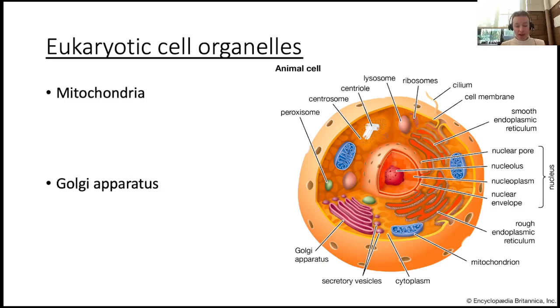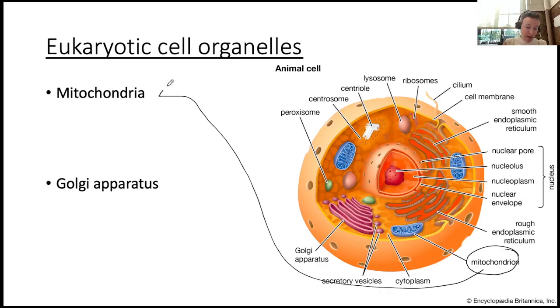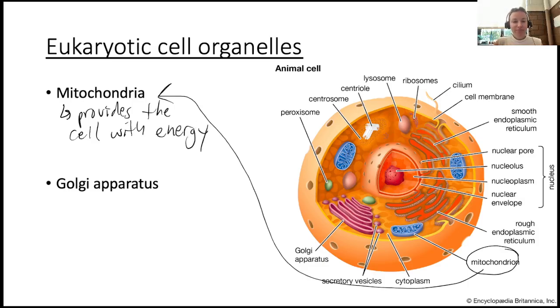What else do we have inside of the animal cell? Well, as I'm sure you all know, we have mitochondria. And what are mitochondria? I'm pretty sure I just heard you say the powerhouse of the cell, right? This provides the cell with energy. We love mitochondria.